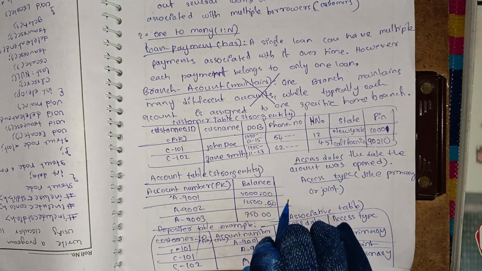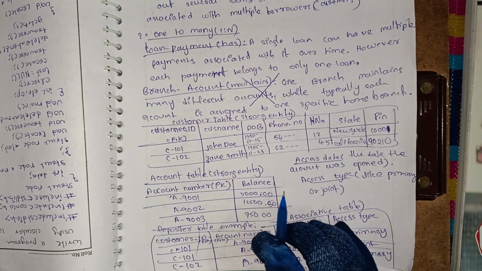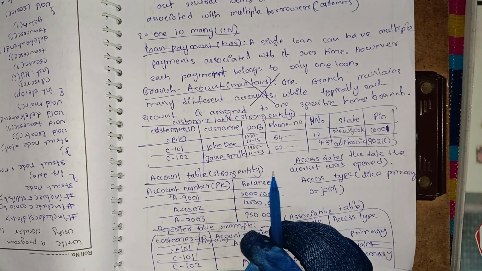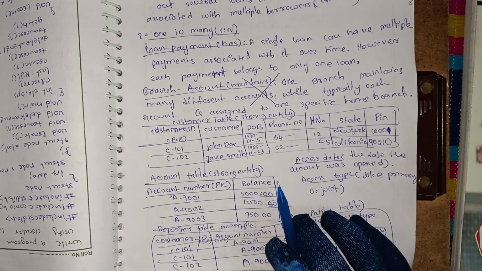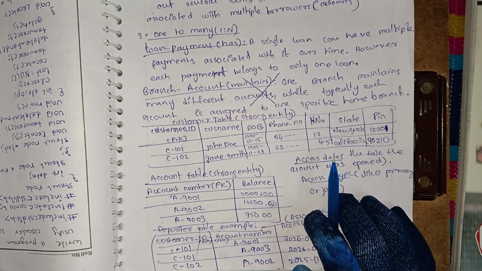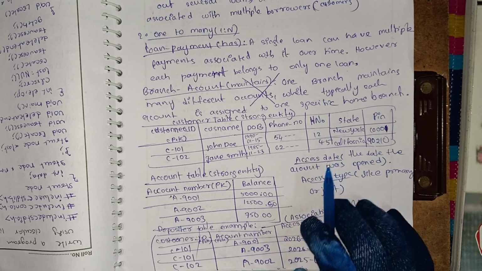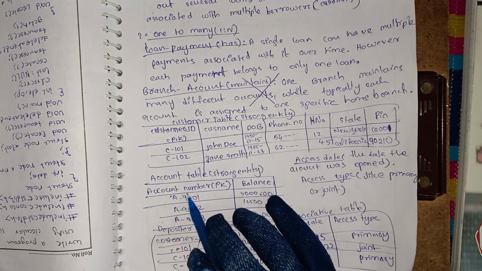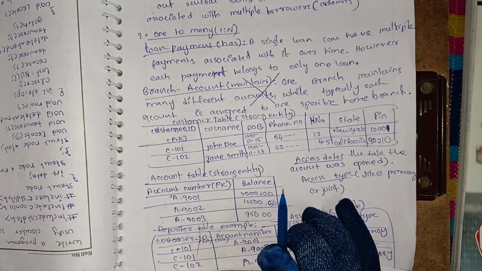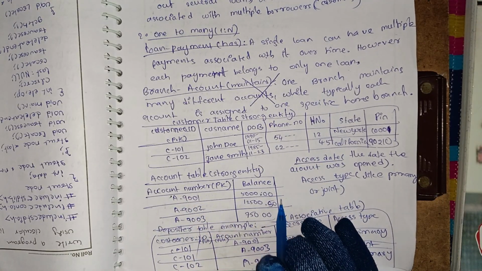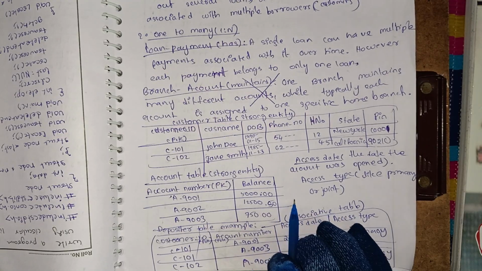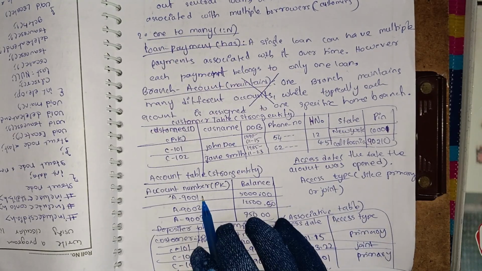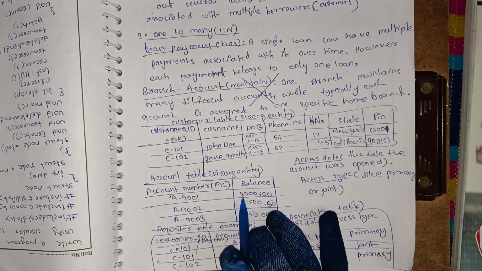C101 has two accounts. Means in the many to many relationship, one account can be held by multiple customers. This one account is having multiple customers like C101, C102, C103. These three customers belong to only one account number.